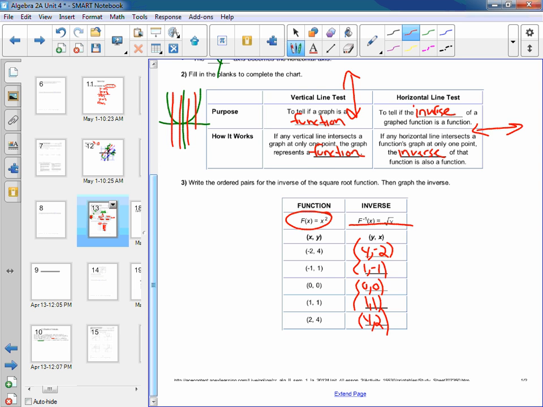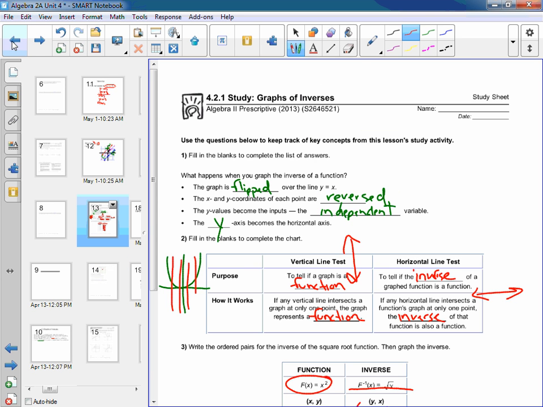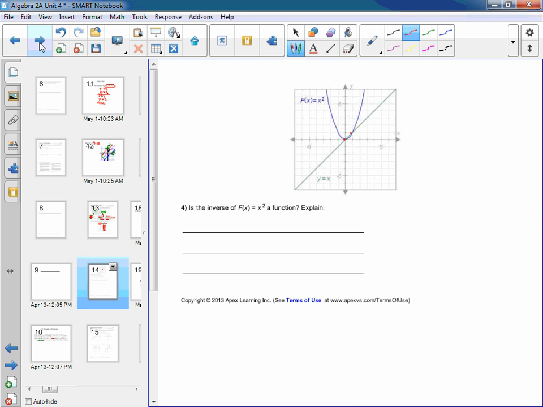So that's going to apply to the next page here where we've got a graph. This is x squared, so we want to graph the inverse, so we have to get those points. I know 0, 0 was one of them. 1, 1 was one of them. I'm going back to this down here. 0, 0, 1, 1, 4, 2. So let's graph 4, 2. 1, 2, 3, 4. 2 is here.